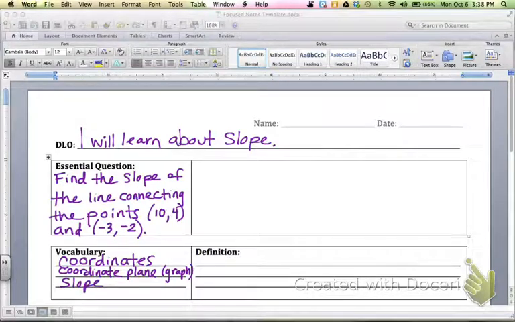So to give ourselves a brief definition, because we don't have a ton of room over here, coordinates are a set of values that show an exact position. So go ahead and write that in here. A set of values that show an exact position.